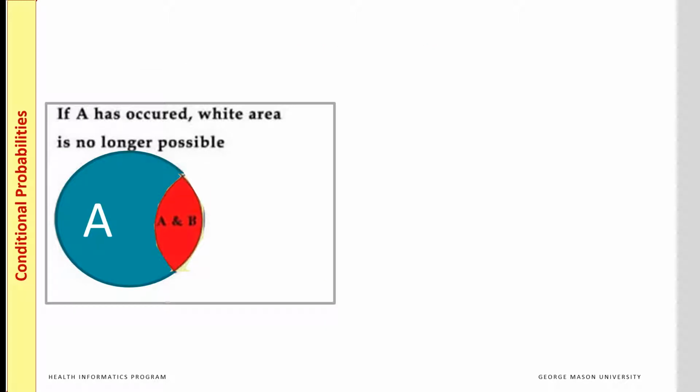When we know that event A has occurred, then the universe of possibilities in the Venn diagram is shrunk to the blue circular area. We see here that the area where A and B co-occur is still red, and the rest of the area where A occurs but B does not is blue.